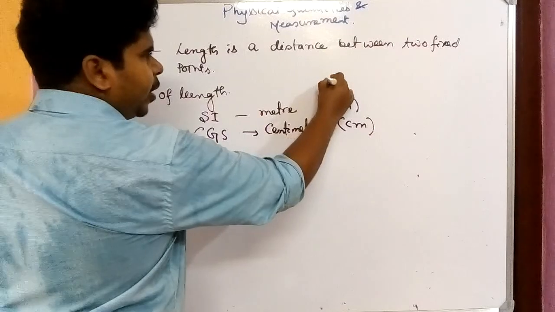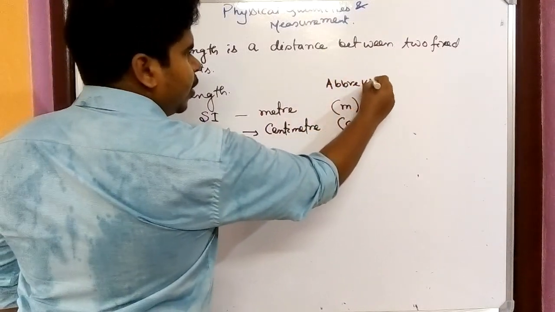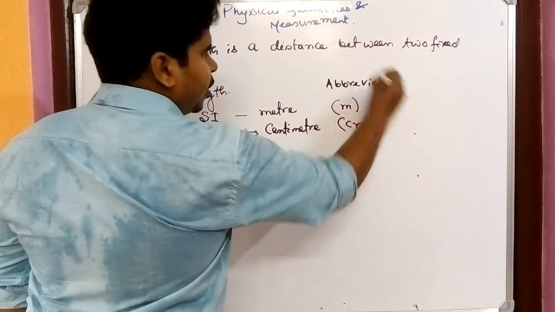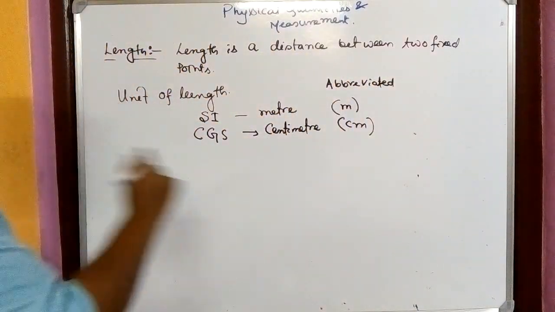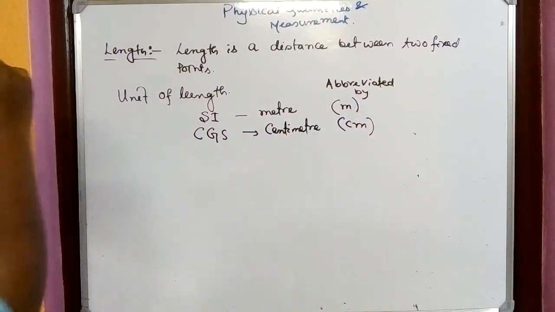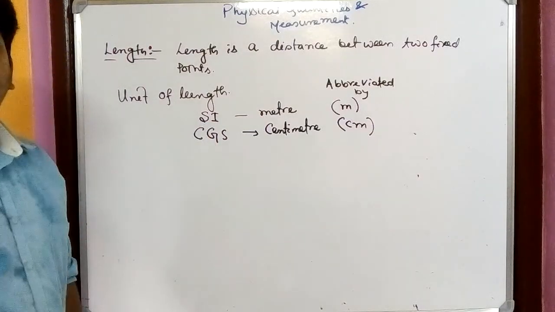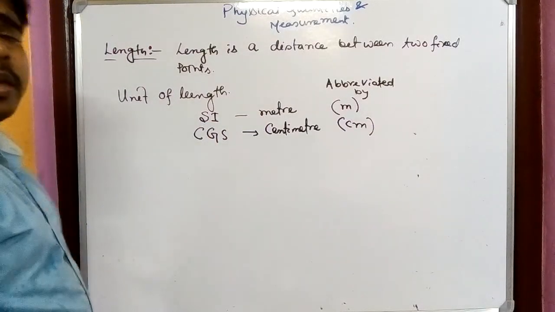You can write here: it is abbreviated by small m for meter and cm for centimeter. I don't think it is new to you; it is very common and you have learned it earlier.